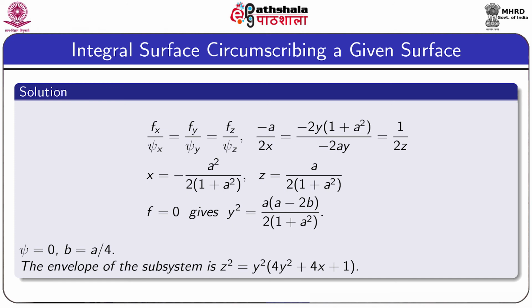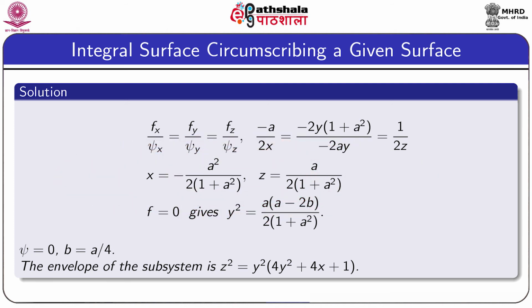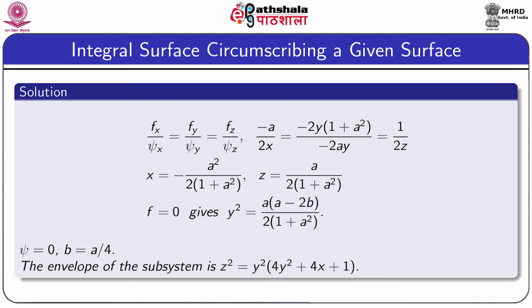Using that relation, we get x as some function of a, which is written here, and z is another function of a, which is written here, a/(2(1 + a^2)). And also we have to satisfy f = 0 and psi = 0. So, f = 0 gives y^2 as (2a - 2b)/(2(1 + a^2)). So, using these equations, we obtain the values of x, y and z as functions of a and b.